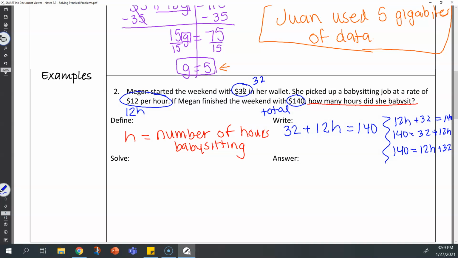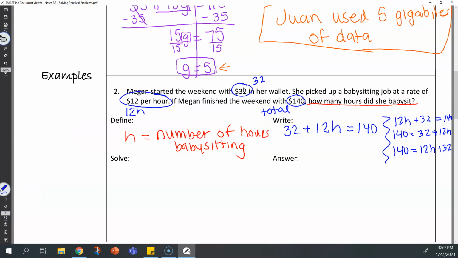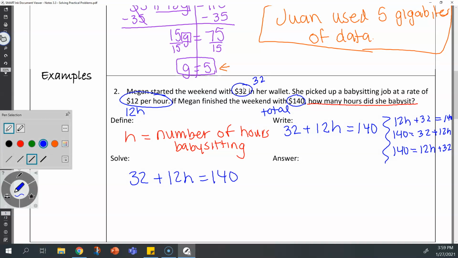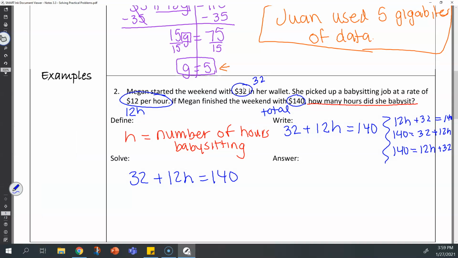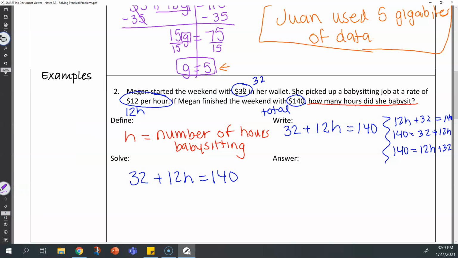Now that I've written my equation, I can go ahead and solve it. So my equation says 32 plus 12H equals 140. I need my variable term to be alone. My variable term is 12H.